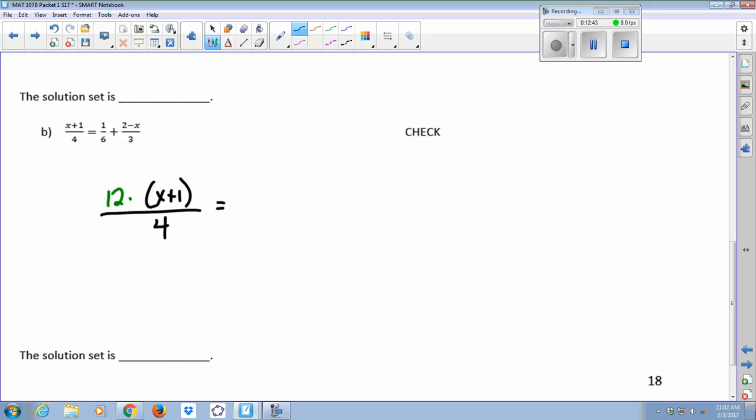And the first term on the right-hand side of my equation, I'm going to also multiply by 12. And I just put one big fraction bar between the numerator and denominator. And then the next one, I also multiply by 12. Okay, that's my first step, or my second, because I had to find the 12 to begin with.